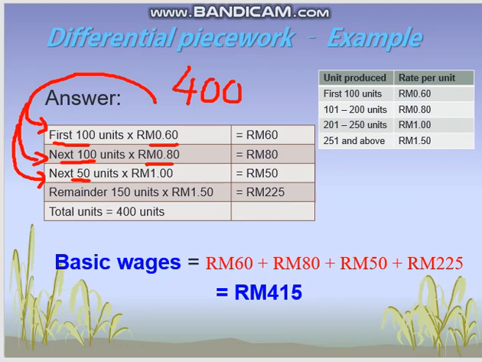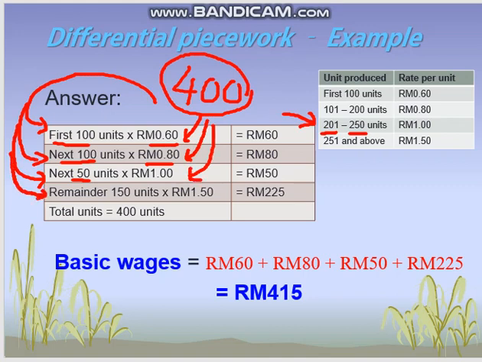After the 400 is minus 100 here, 100 here, and 50 here, the balance is another 150 units. What about the rate here?